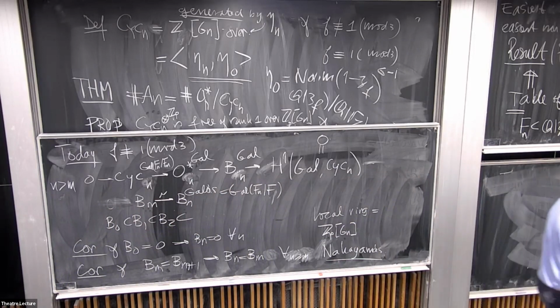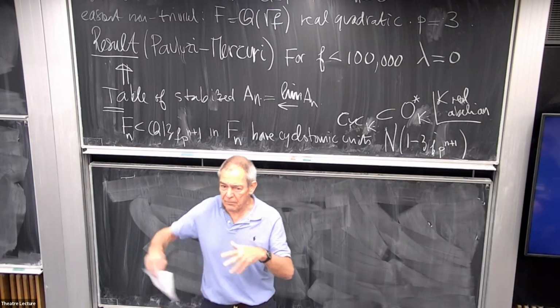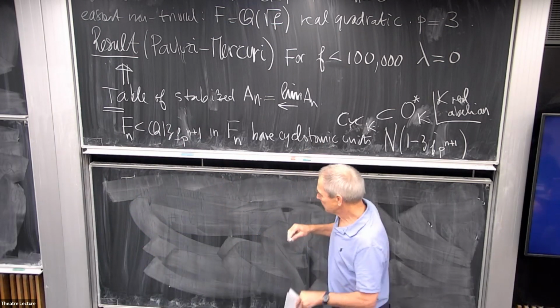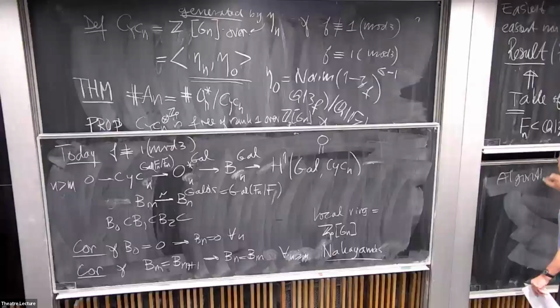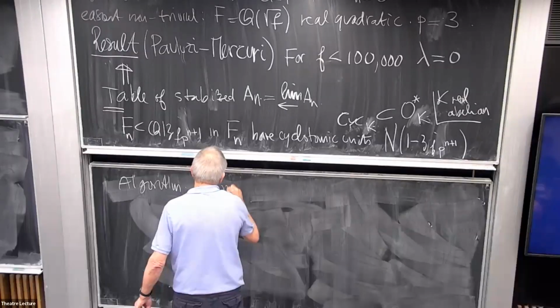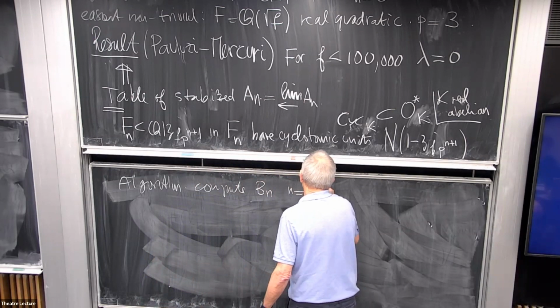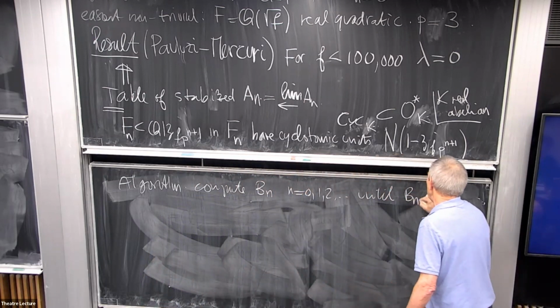We're assuming p is 3 here, right? P is 3, yeah. I write p all the time. I think it is more clear, but everything I think is true also if p is not 3. So that's the algorithm: compute Bn for n equals 0, 1, 2, until Bn is equal to Bn+1.